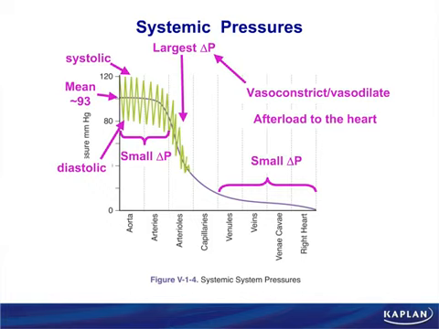Since this is the main site of resistance, this is total peripheral resistance, and as we indicated in a previous section, this is afterload to the heart. Hopefully we remember that when we were thinking about ventricular function. This is afterload to the heart.